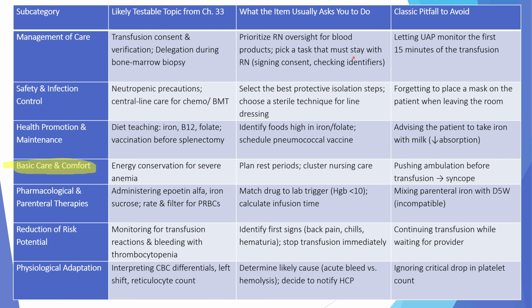Pick a task that must stay with an RN: signing consent, checking identifiers. Letting the UAP, which is the CNA, monitor the first 15 minutes? No, you need to avoid that. You need as an RN to do this. And it's 2 RNs for transfusion.